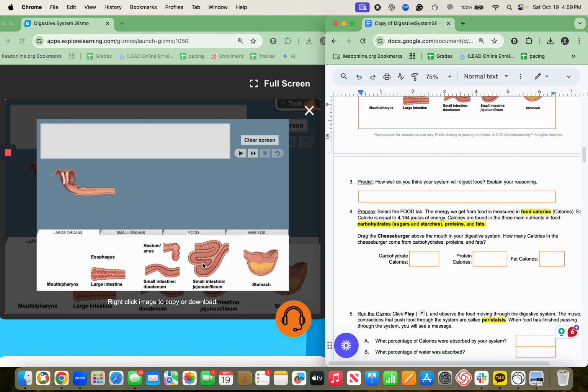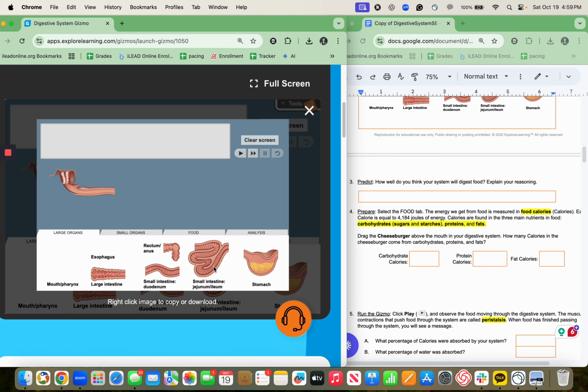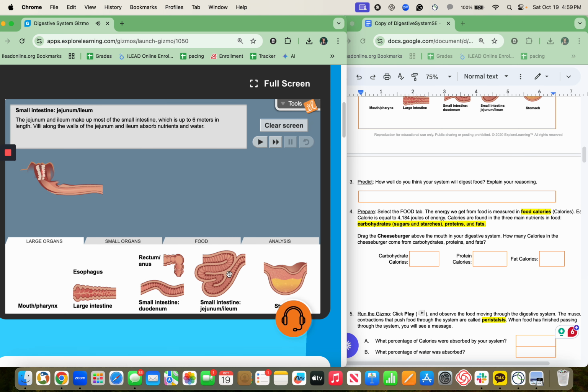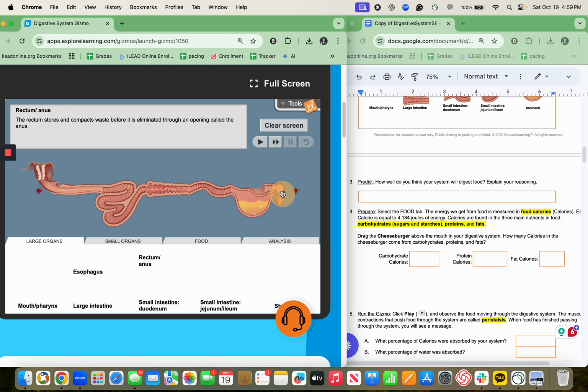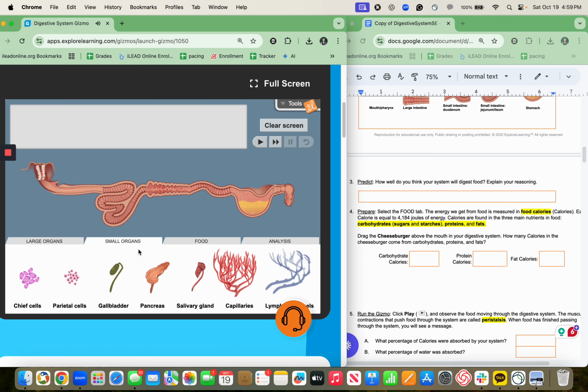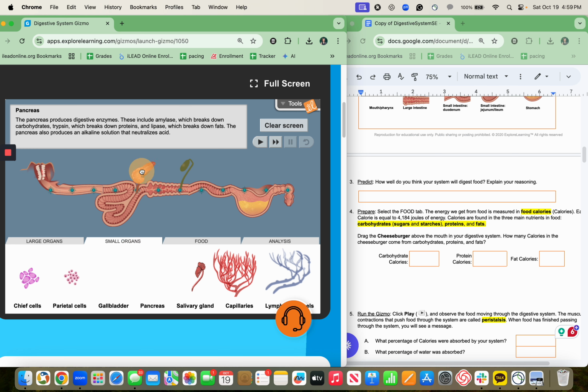Okay, so it looks like I need to finish. I'm going to just make it really messed up, just putting random things. Well, I know rectum and anus are going to go at the end, so let me put it this way. Hopefully yours looks a lot better. Put a couple things.